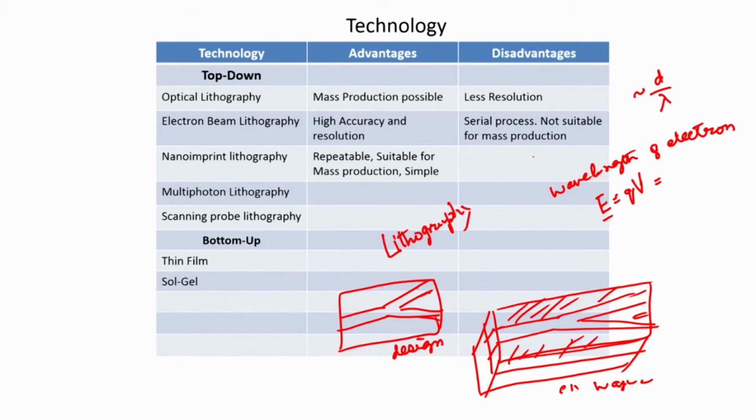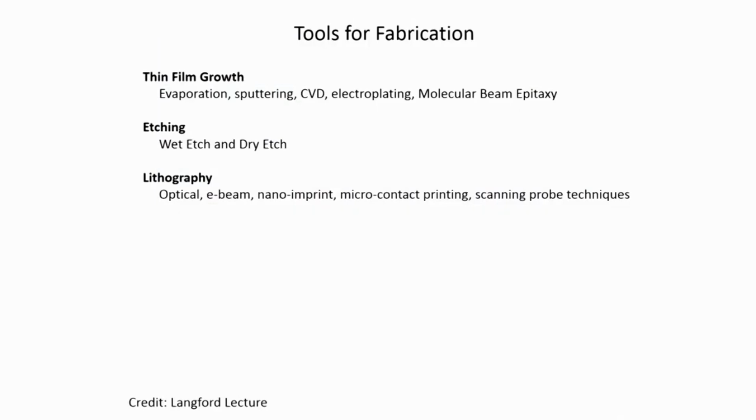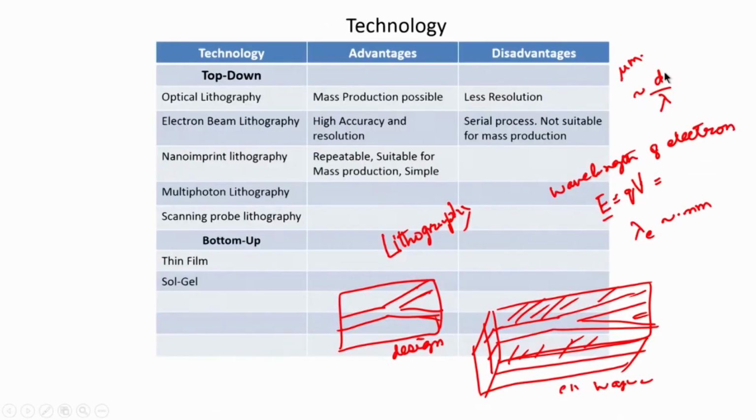So, once again the feature size that can be obtained is of the order of the wavelength, and the wavelength of the electron is much smaller, of the order of nanometers, compared to optical, which is of the order of micrometers. We can calculate the wavelength of the electron, which can result in very high resolutions.